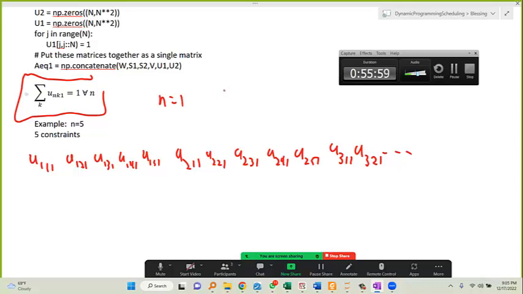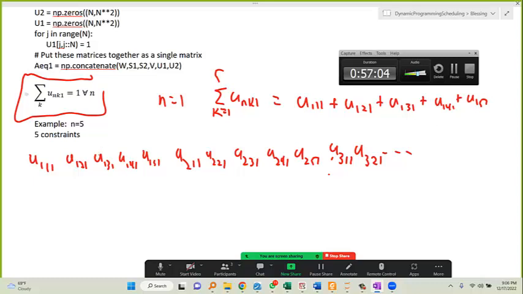So that would be U111 plus U121 plus U131 plus U141 plus U151.